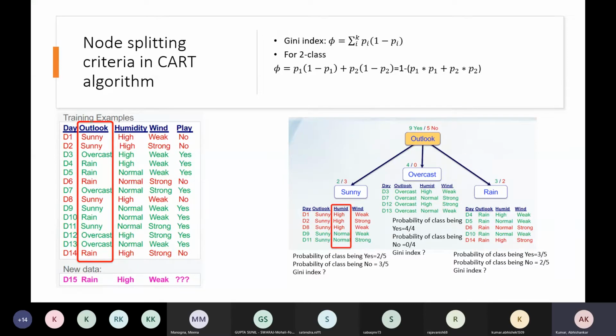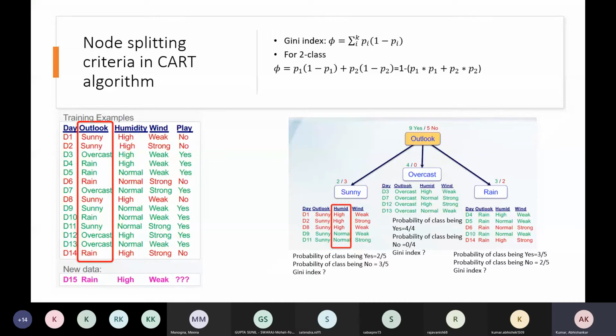When there is complete misclassification, then the Gini index will become 1. When there is complete misclassification, what does it mean in terms of probability? We have defined the Gini index in terms of probability.